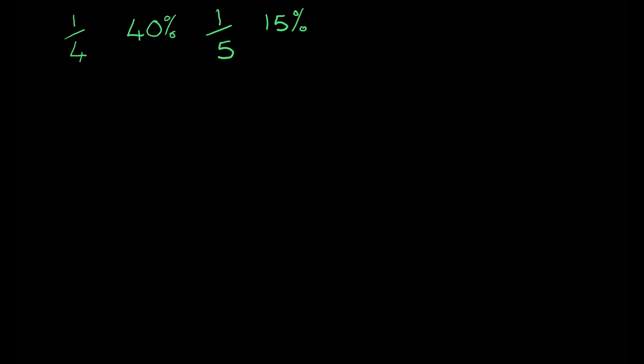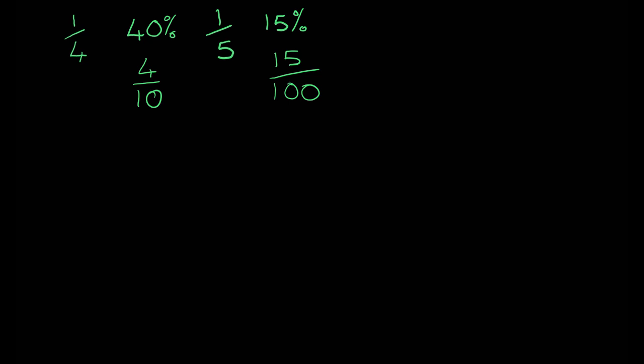And before we go as far as getting the common bottom, we're going to turn them all into fractions in the first place. So this one would be 4 over 10. This one would be 15 out of 100. Both of those can be simplified further so that we can see what we're doing.